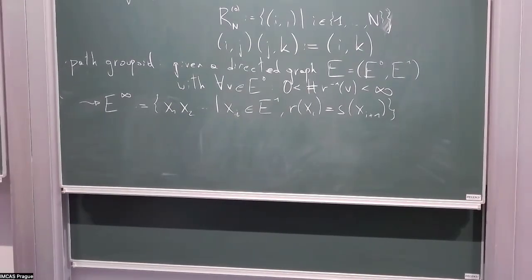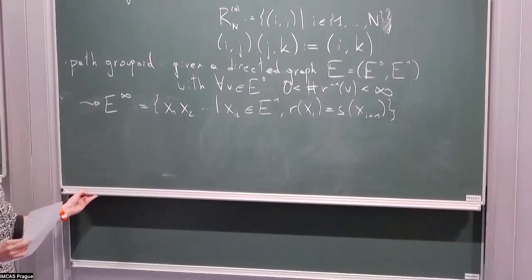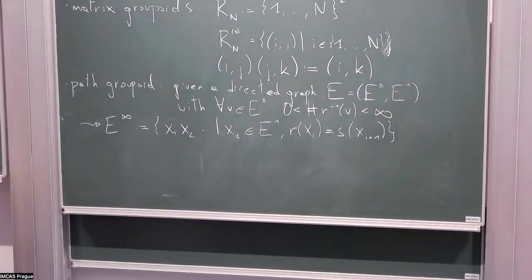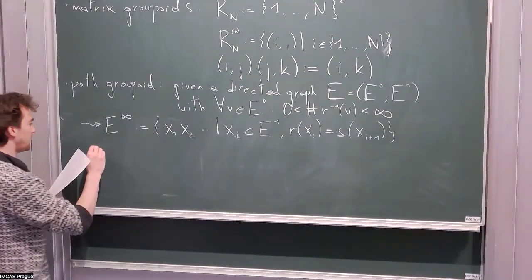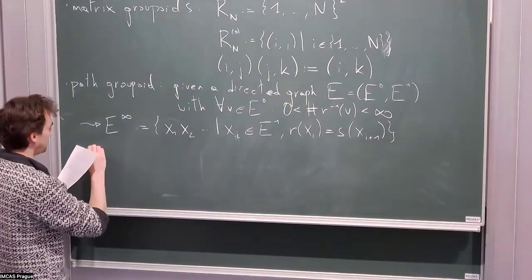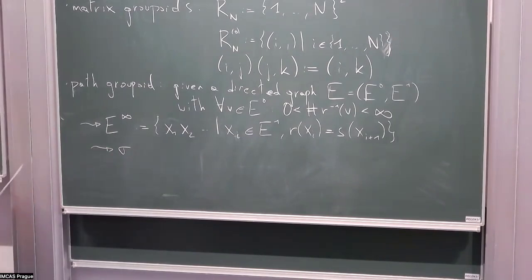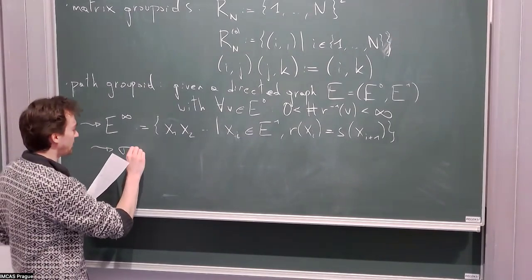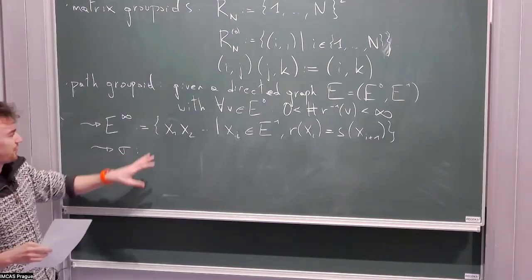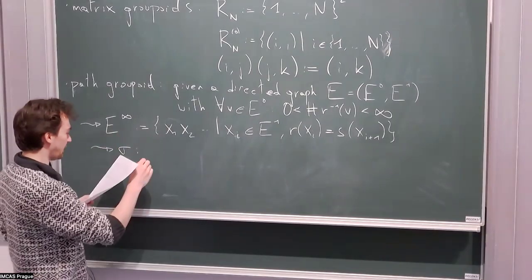Okay, and now how can we construct a groupoid out of this? Well, one thing to note is that one can consider the following map where we just forget about the first entry of our path.